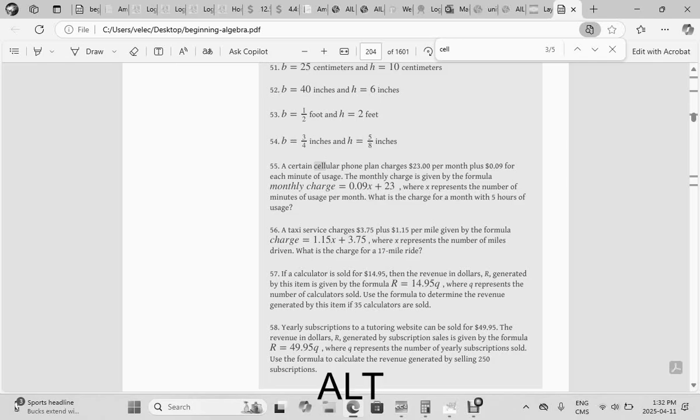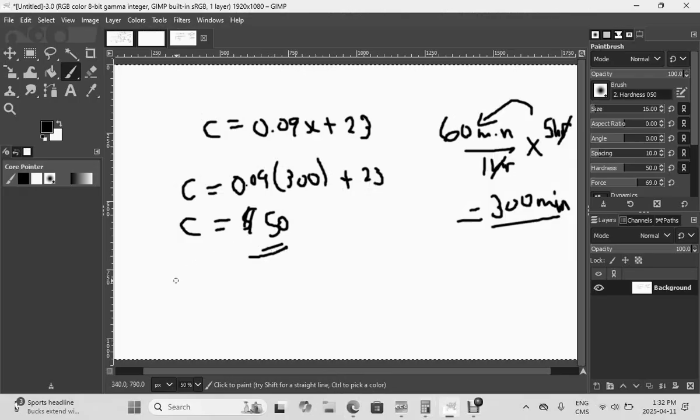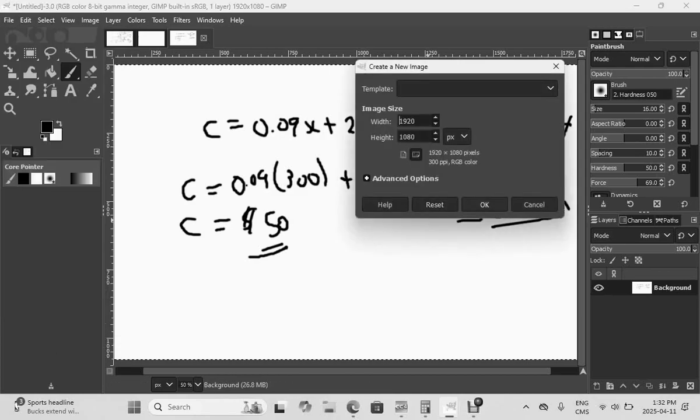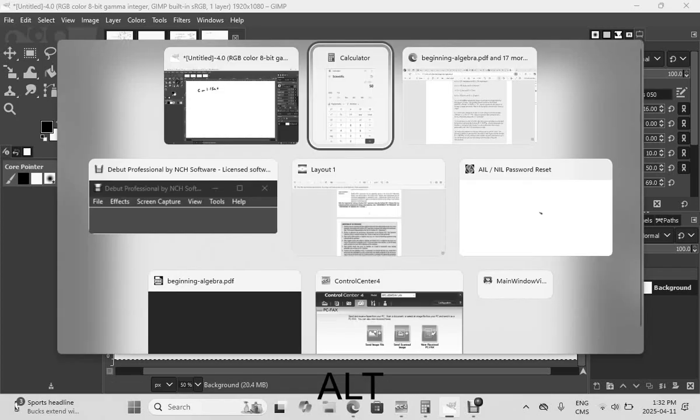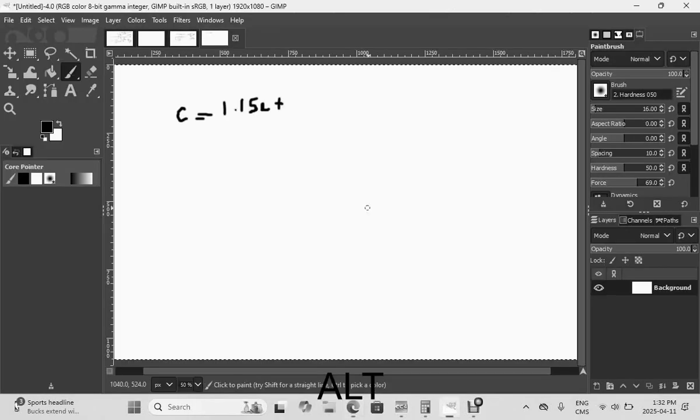So cost equals 1.15x plus 3.75. The cost will be 1.15 times 17 miles, which is x, plus 3.75.